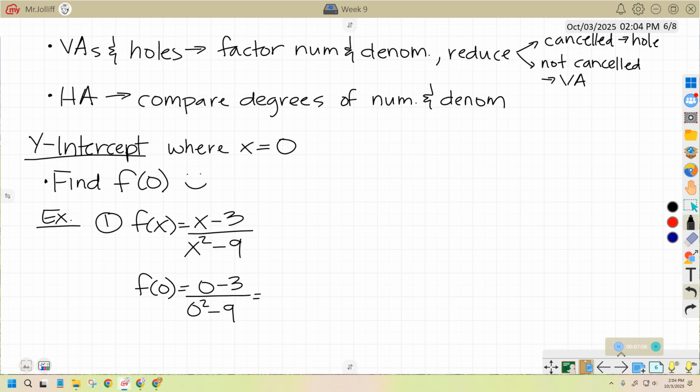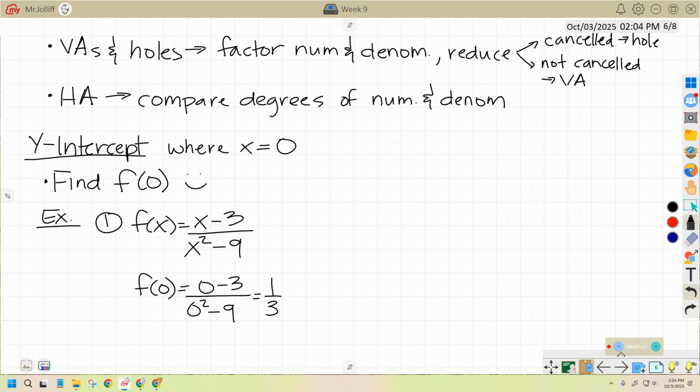What does that give me? Negative 3 over negative 9. And negative divided by negative becomes positive. So I know my answer is going to be positive. 3 over 9 reduces to 1 over 3. Perfect.